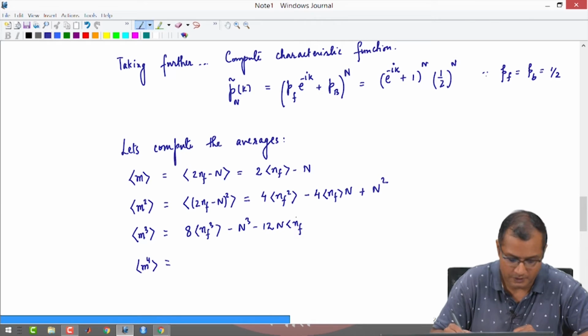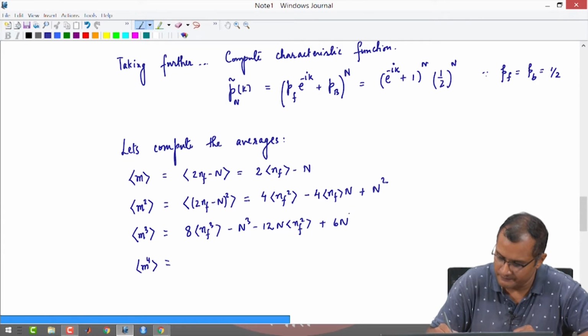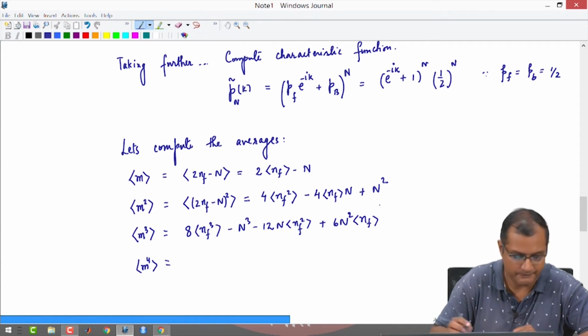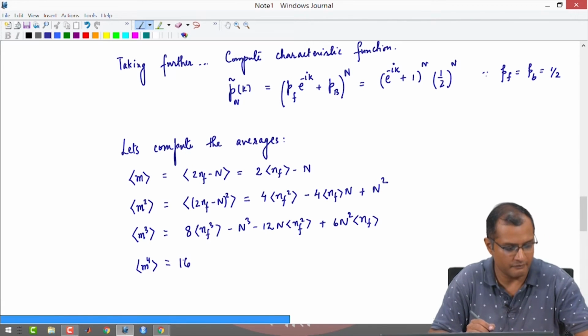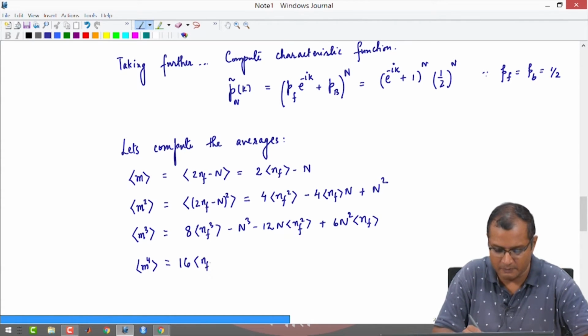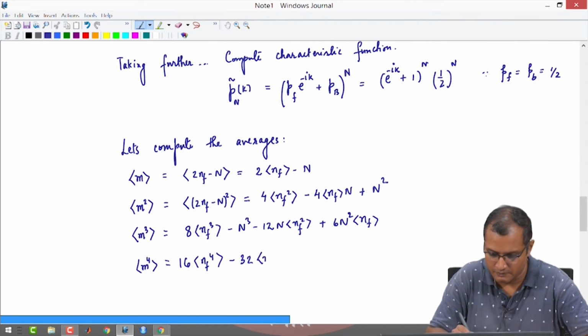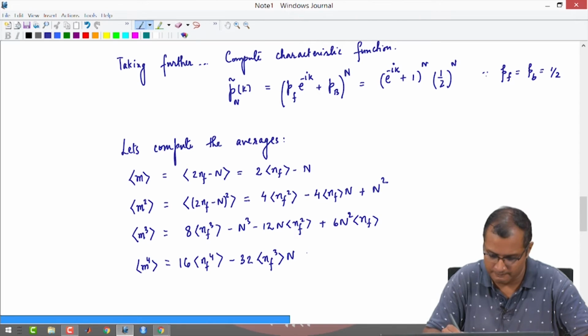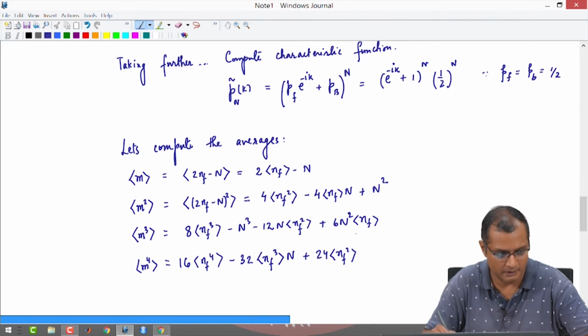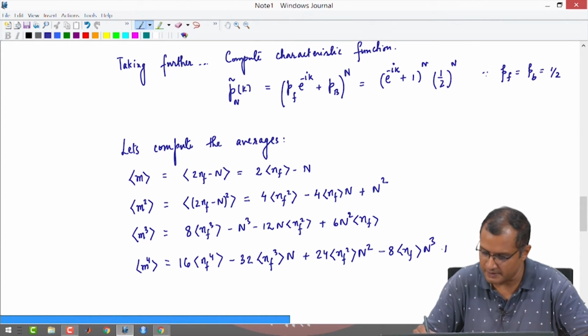Okay. So, this is very straightforward. So, I am just directly writing down the result, and for M4 this is 16 nf to the power 4 minus 32 nf cube n plus 24 nf square n square minus 8 nf into n cube plus n to the power 4.